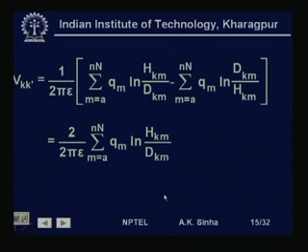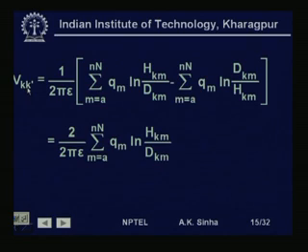Now, for this system, again we can find out the voltage between any conductor and its image. That will be given by Vkk'. For any conductor k, we can write the voltage between the conductor k and its image k'.